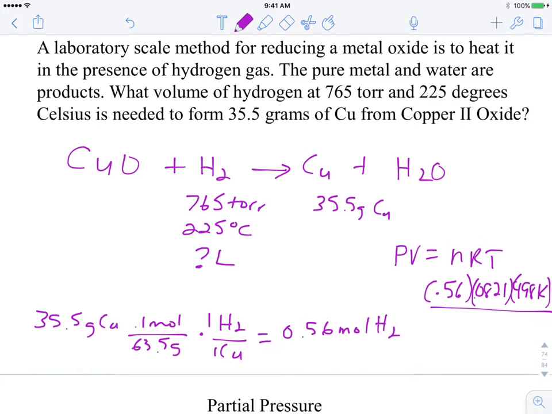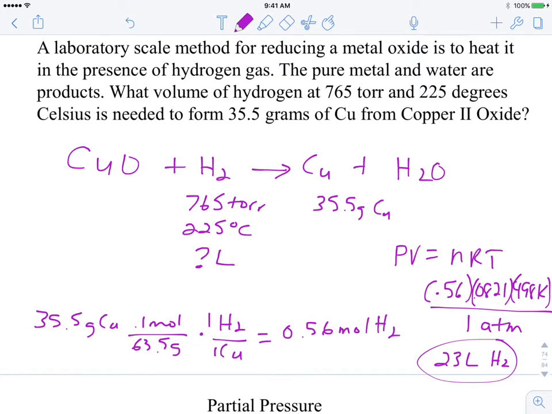And dividing that by the pressure, which needs to be in atmospheres, 765 divided by 760 is approximately 1. Now we can work out our volume in liters. So 0.56 times 0.0821 times 498, and we get a total of 23 liters.